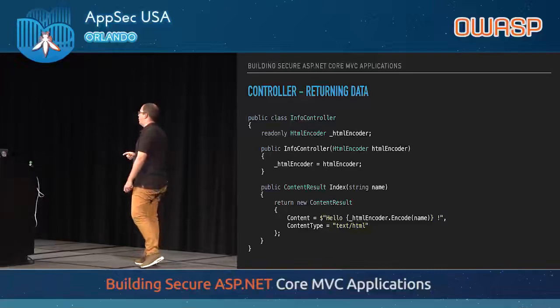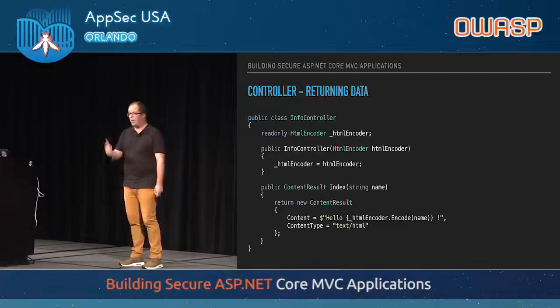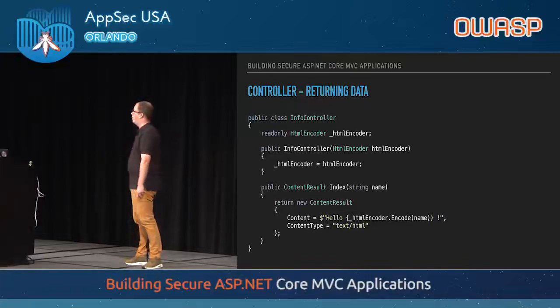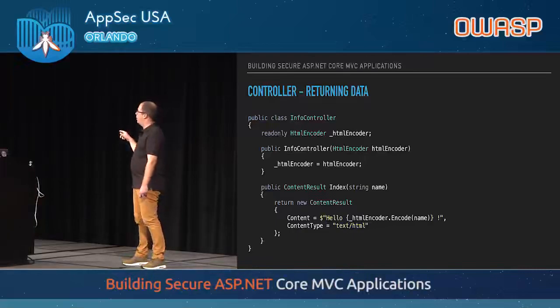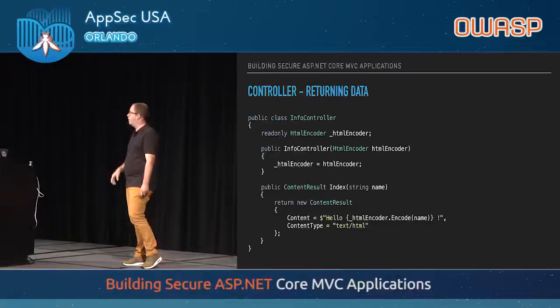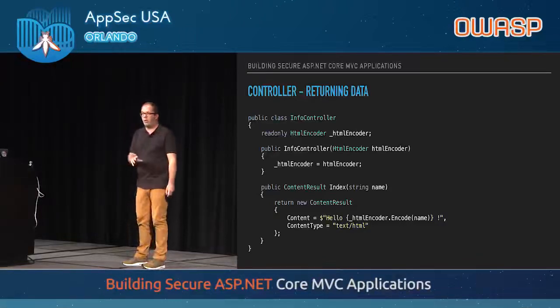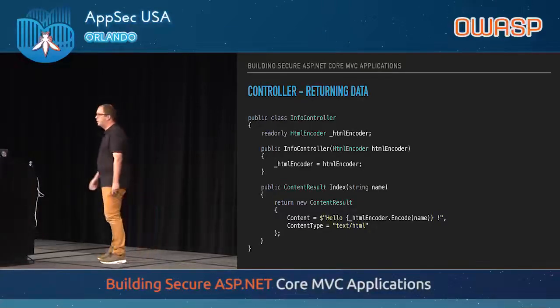So if item description is something that comes from a database that has been put there by a user, then you've got a cross-site scripting issue. So this is similar. And at the bottom, you see a couple of form tag helpers, like the tag helpers I talked about earlier. The good thing about most of the tag helpers that are in the core framework itself is that they all do the context-specific encoding in the right way. So there's no need for you to worry about that.